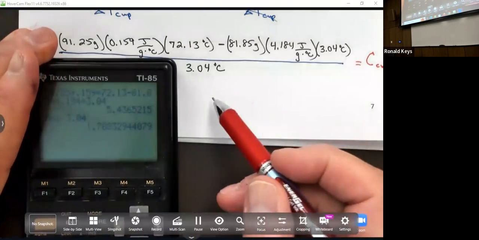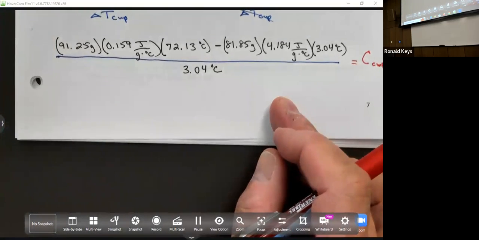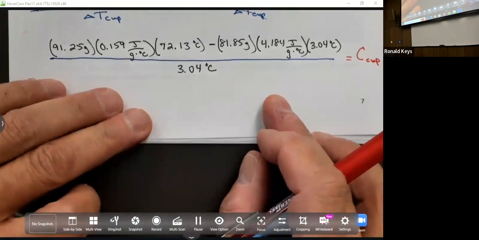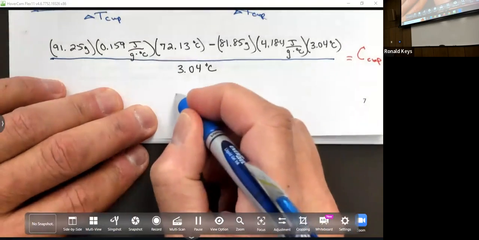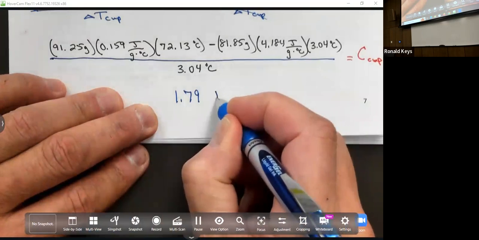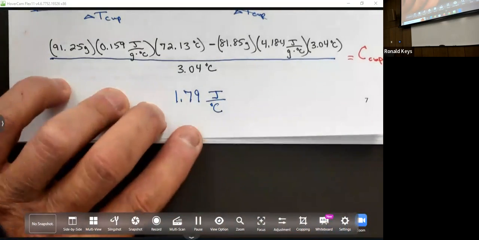I got 1.79. Anybody else? 1.79? All right, 1.79. That's going to be in joules per degree Celsius.